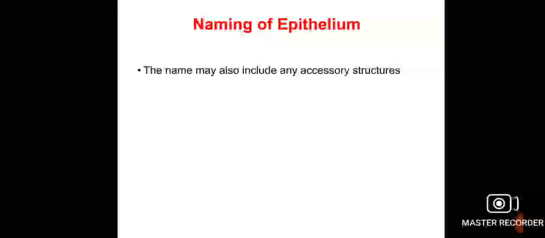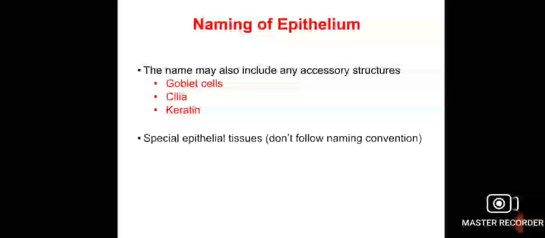Now, the name may also include any accessory structure. For example, there can be goblet cells, cilia, microvilli, or keratin. For example, simple columnar epithelium with goblet cells, simple columnar ciliated epithelium, and simple squamous keratinized epithelium.